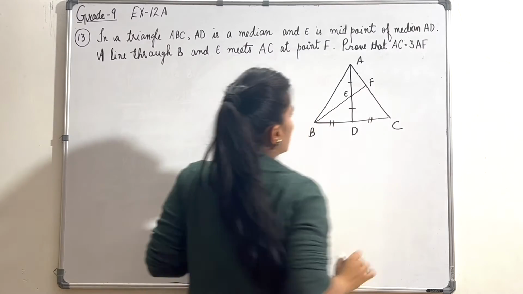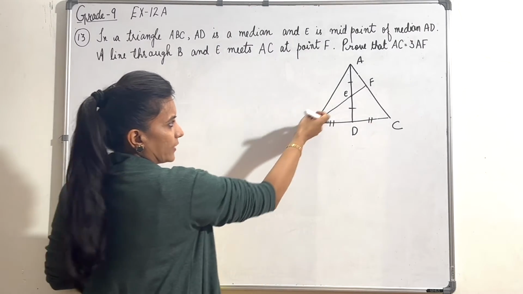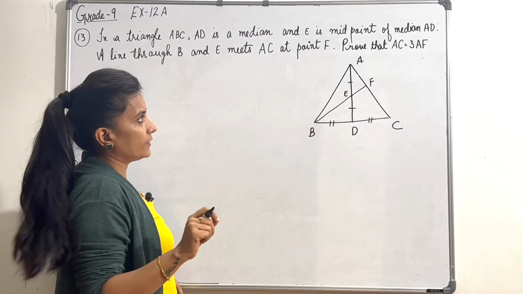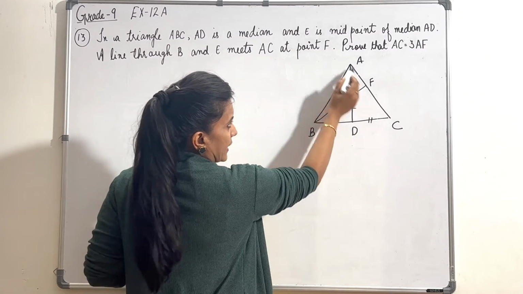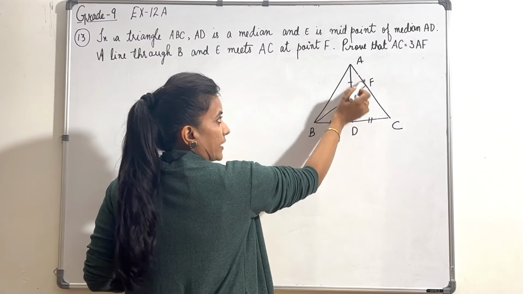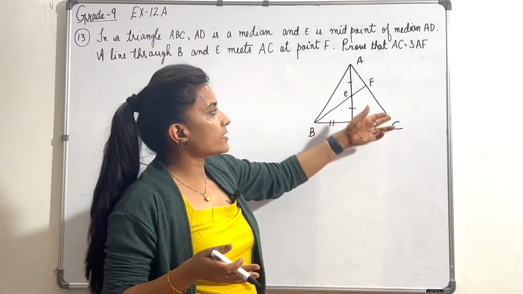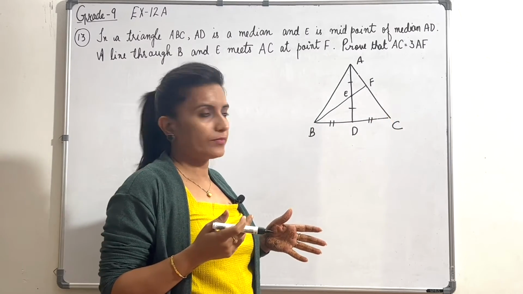Yes. So a line through B and E meets AC at F. Now we have to prove that AC is 3 times AF. Okay, it means what? That obviously this line AC is getting trisected, right?